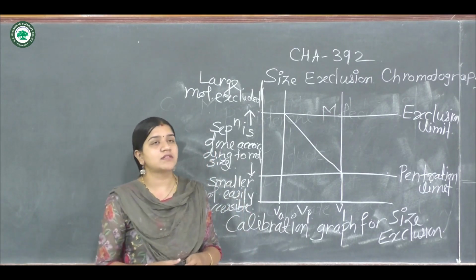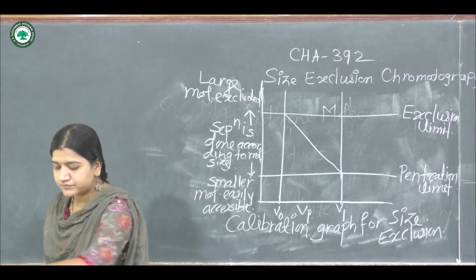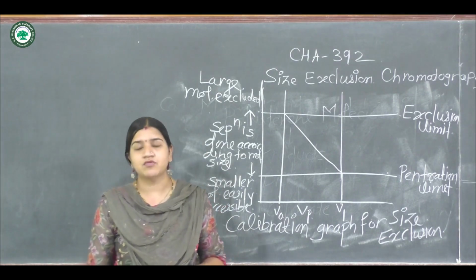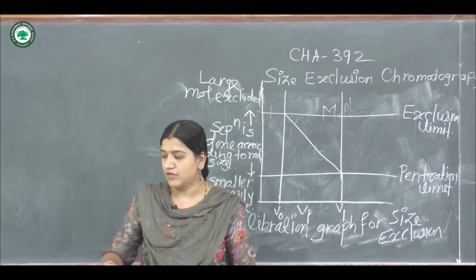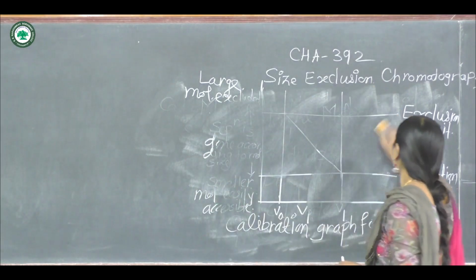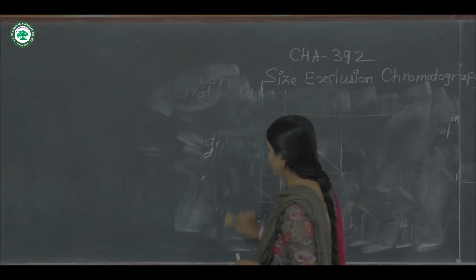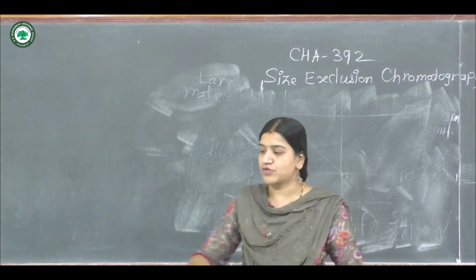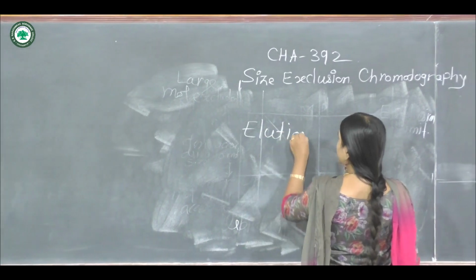So you just have to consider the elution volume, and elution volume is a function of log, and hence you have to use a very small sample volume to avoid errors in size exclusion chromatography. So this is the second thing that we have to consider while determining the molecular mass of a substance by using size exclusion. So apart from the molecular weight and the molecular size distribution or pore volume, the next thing that you have to determine is the elution volume.